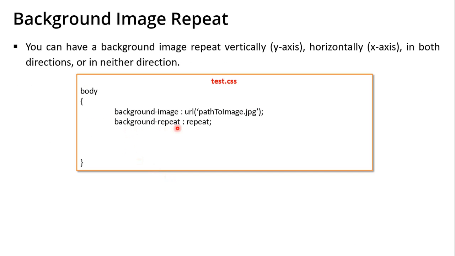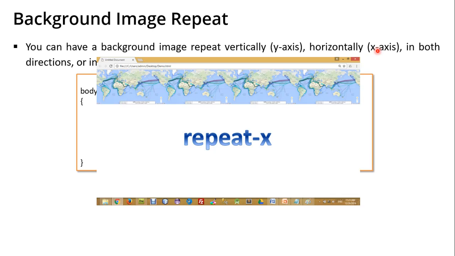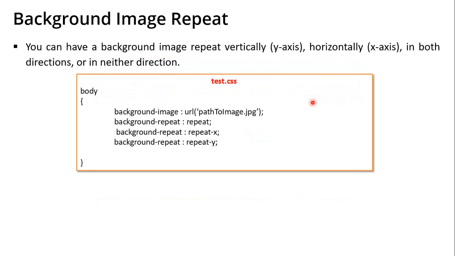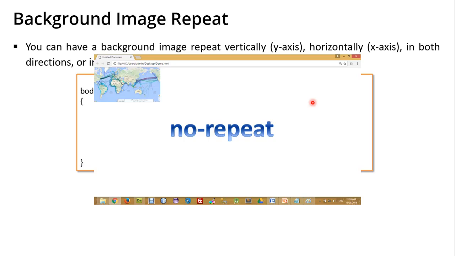After that, background repeat. First is repeat, next is repeat-x, which displays horizontally along the x-axis. Next is repeat-y, which displays vertically. And next is no-repeat. So we have four types: repeat, repeat-x, repeat-y, and no-repeat.